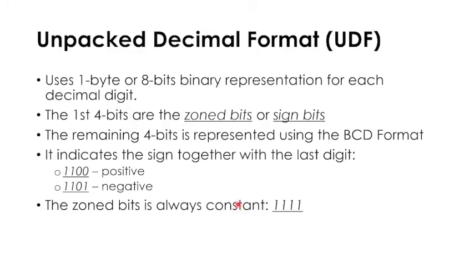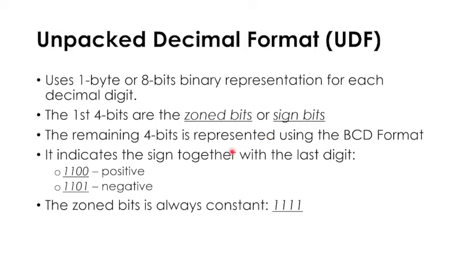The unpacked decimal format or UDF uses 1 byte, or the equivalent of 8 bits, of binary representation for each decimal digit. Again, this is for each decimal digit. For the syntax, the first 4 bits contain the zone bits, or the sign bits. And the remaining 4 bits are represented using the BCD format.